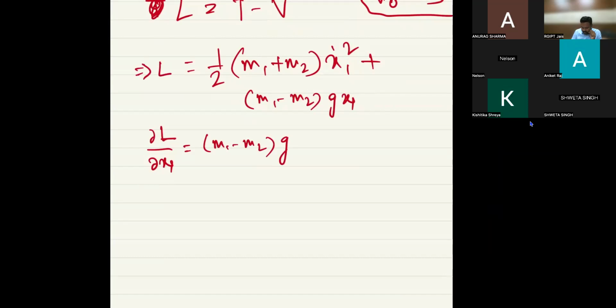And del L del x1 dot will be (m1 plus m2) x1 dot. So our equation of motion will be d dt of del L del x1 dot minus del L del x1, this is equal to 0.